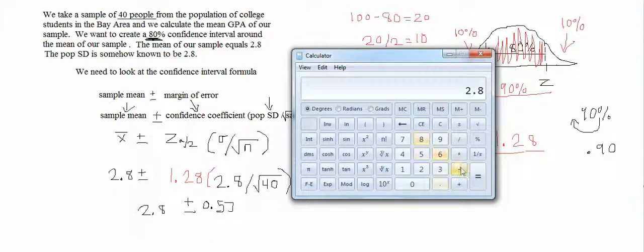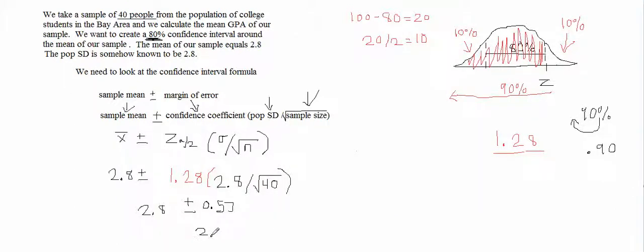Remember, confidence interval is adding and subtracting two numbers. We get 2.23. If we add, we get 3.37. So our confidence interval goes from this to this.